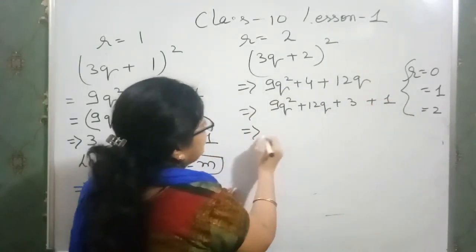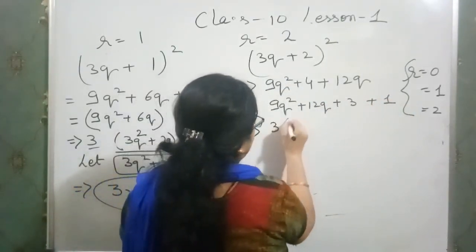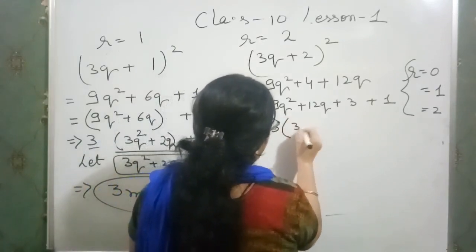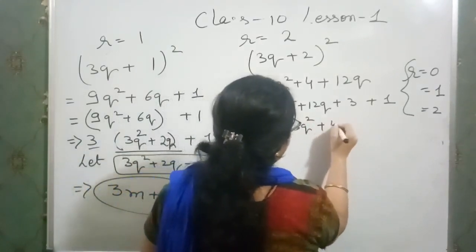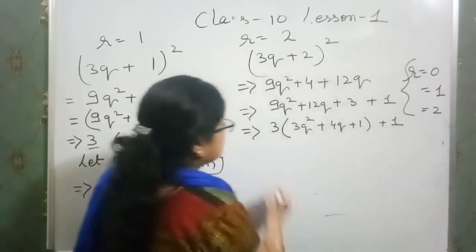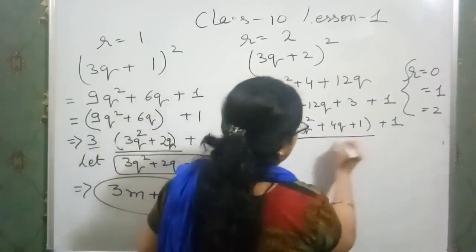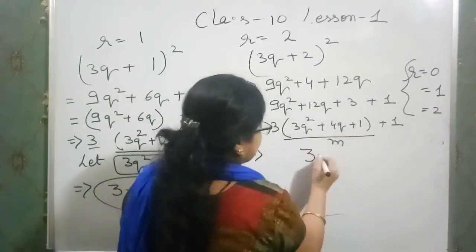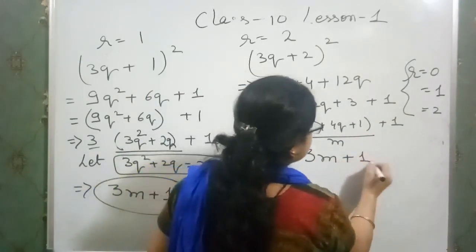So we have 3 common. I have 3q squared plus 4q plus 1, plus 1. So again we will take this whole as a constant m, and it takes the value of 3m plus 1.